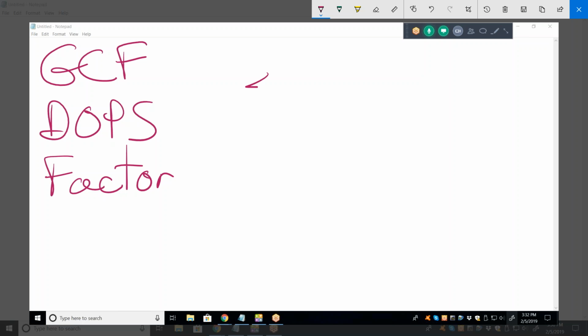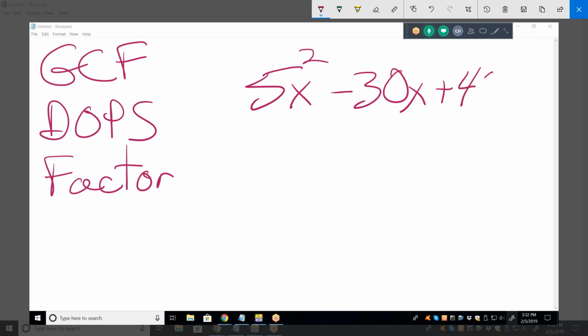5x squared minus 30x plus 40. Plus 40? Yeah. Okay. So let's look at our priority list here. Can we take a greatest common factor out of that? Yes.